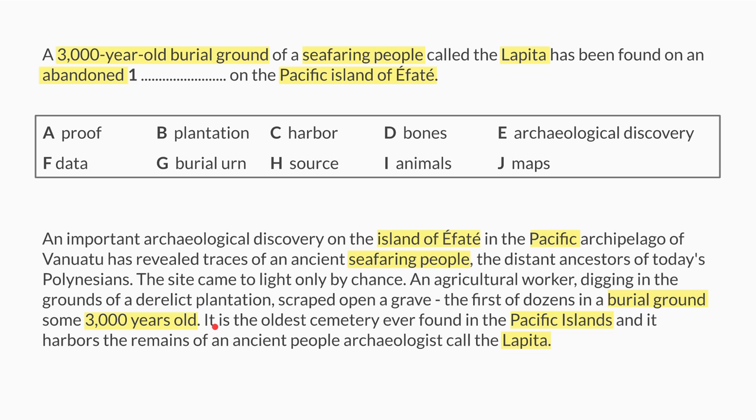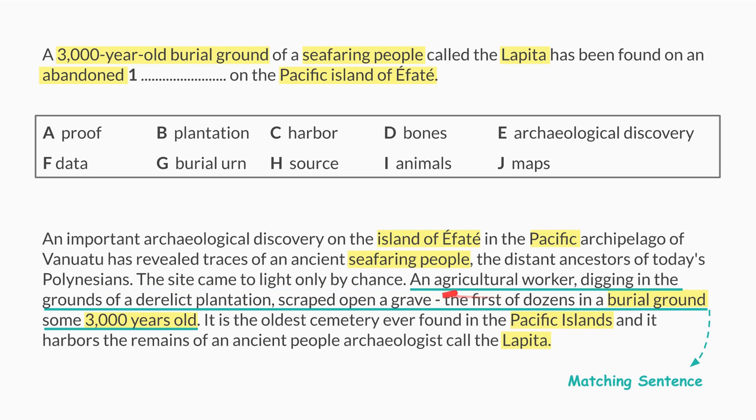So now I know that I'm going to definitely find my answer in this paragraph somewhere around here. But specifically, I'm going to start reading this portion down here because it is only down here that the main keyword, 3,000 years old, appears. So this is going to be my matching sentence, this portion right here.